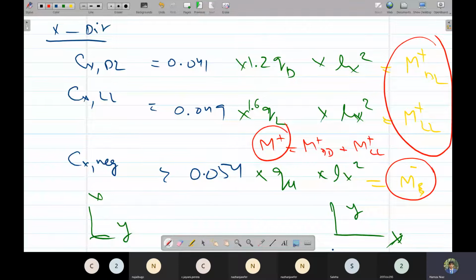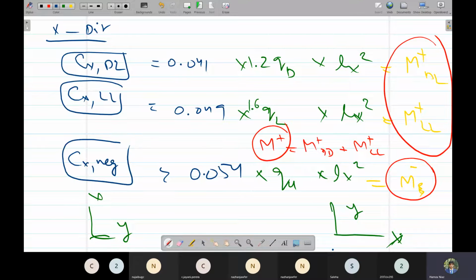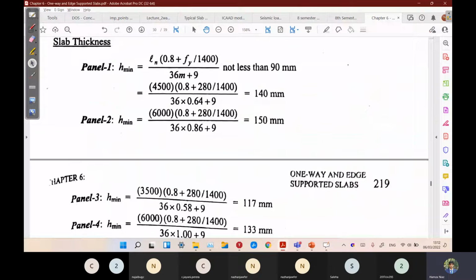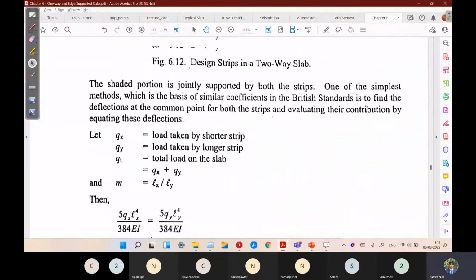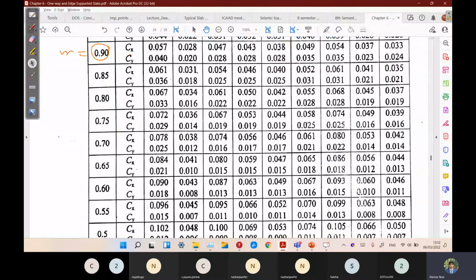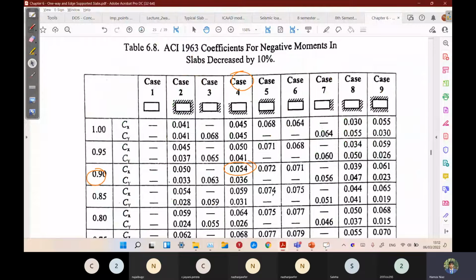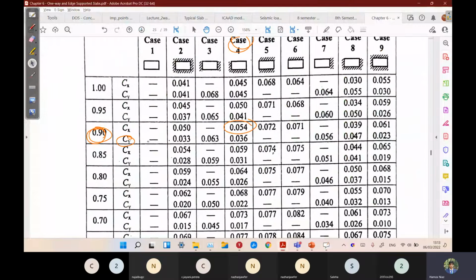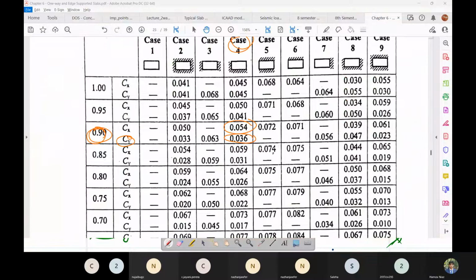We have to do this in the x direction, and we have to repeat the same procedure in the y direction. Just the coefficients will be different. We have to use the y coefficients in that case. For example, for the negative moments, for the same M and the same case, we just check the Cy value. We have to use the negative coefficients.